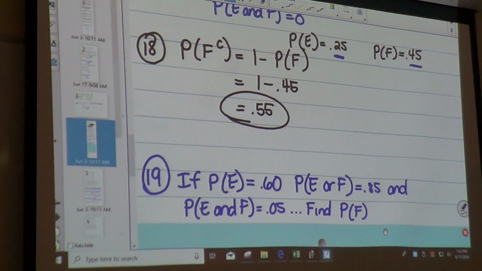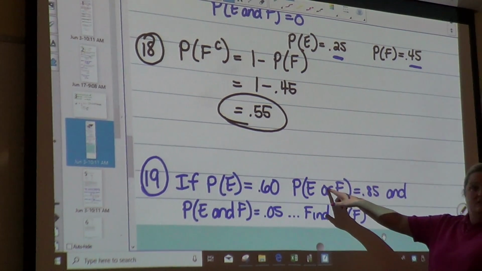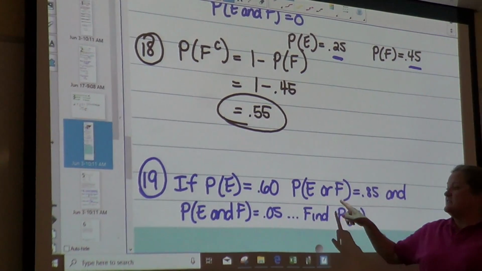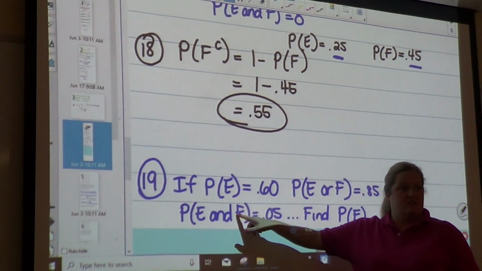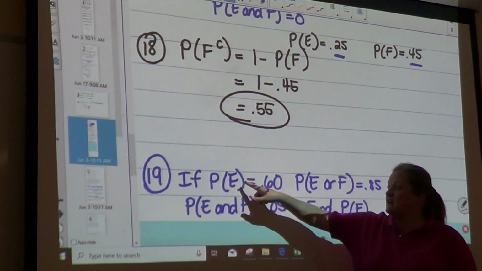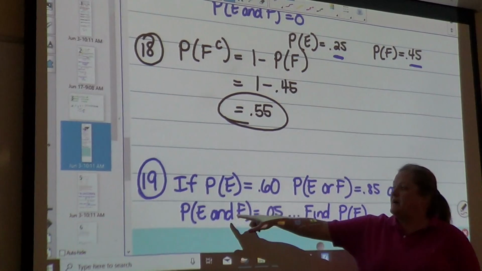If PE, the probability of event E, is 0.6, and the probability of E or F is 0.85, and the probability of E and F is 0.05, find the probability of F. Do you remember the formula? The probability of E or F is equal to E plus F minus the overlap.